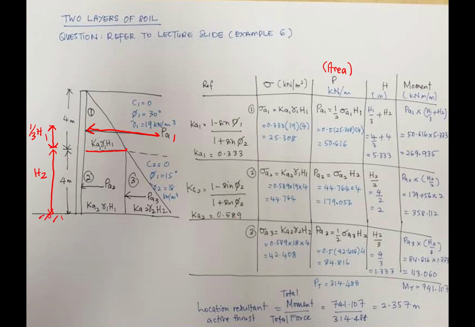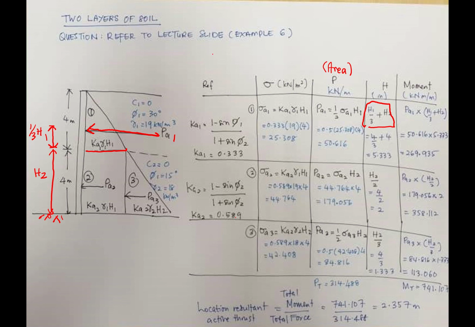That will be H1 times 1/3 plus H2. That is why I get this value, H1 over 3 plus H2. So you get the effective distance at which PA1 acts on your retaining wall, and then you calculate the moment.